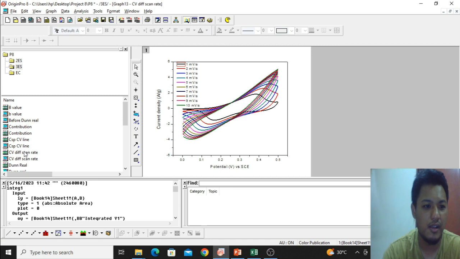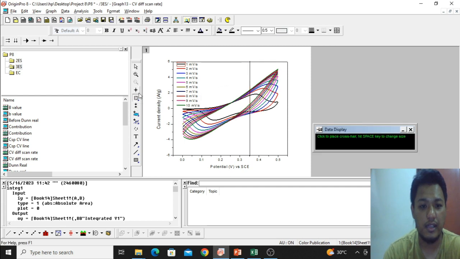For example this one, just draw a straight line, and using the data reader from Origin, just put the data reader on the graph, then it can read your current response at 1 millivolt per second and so on. Because this material is not suitable at higher scan rates.